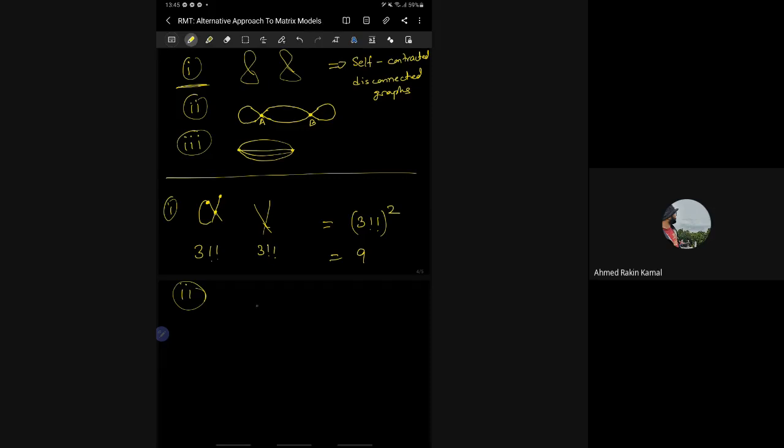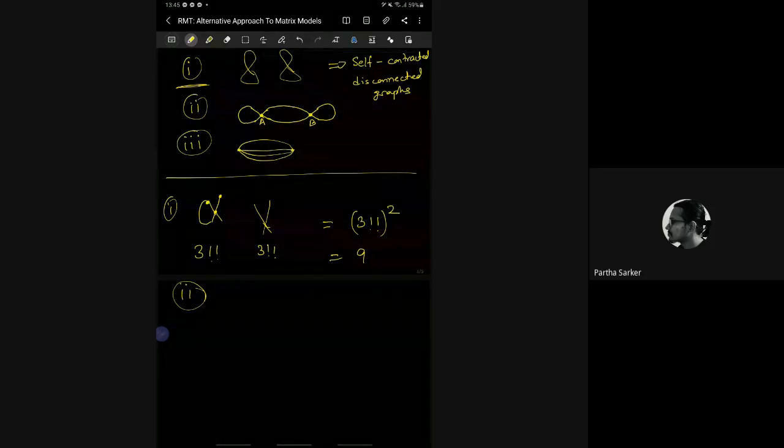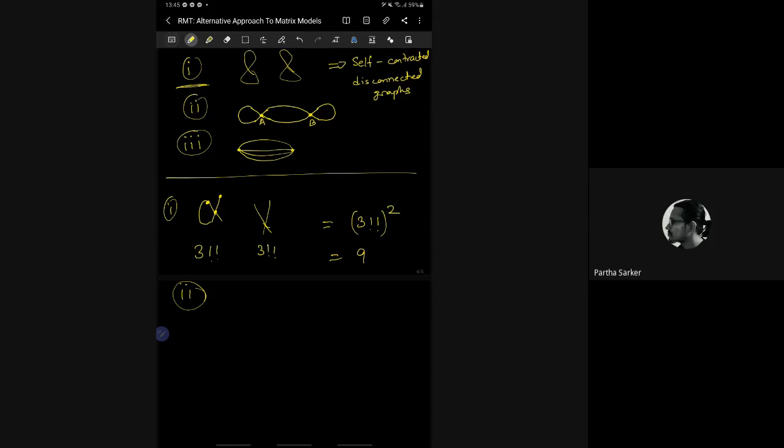Okay. So I think there are 2 possibilities. Yes, Partho. I think there are only 2 possible cases here, because A and B both have to be connected to itself. So we don't count that.